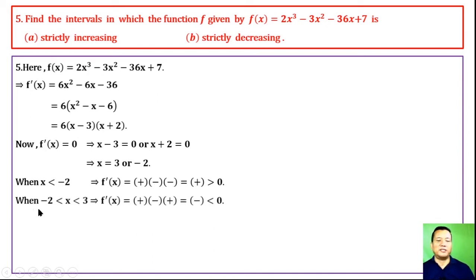Similarly, x is lying between minus 2 and 3, and the sign of f dash x is, this is plus, this is minus, this will be plus. Therefore the product of the three is minus, which is less than 0. Similarly, when x is greater than 3, the sign of f dash x is plus, plus, plus, which is greater than 0.